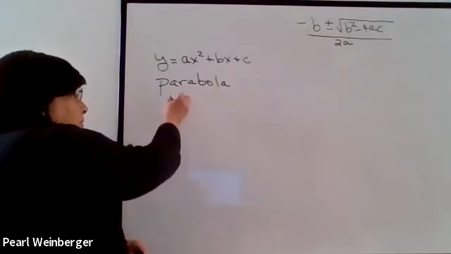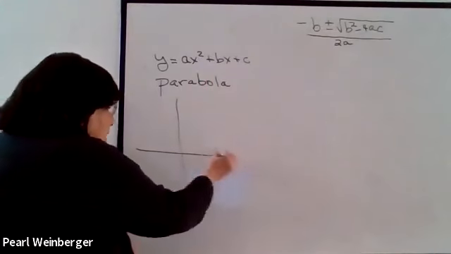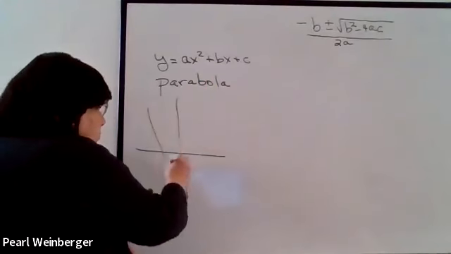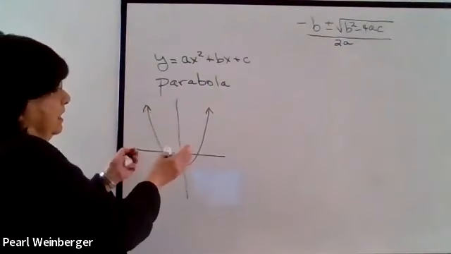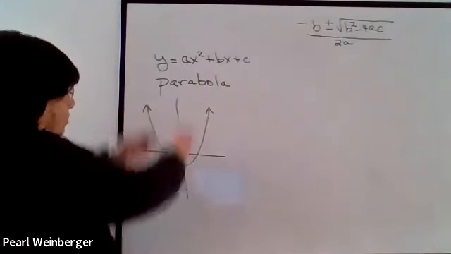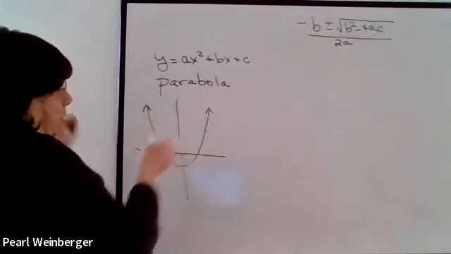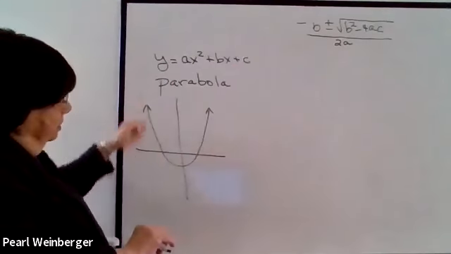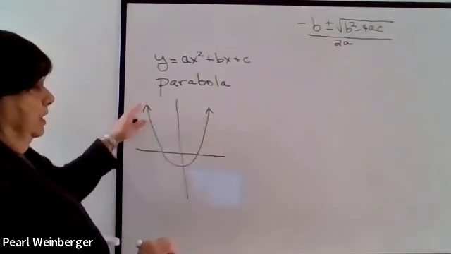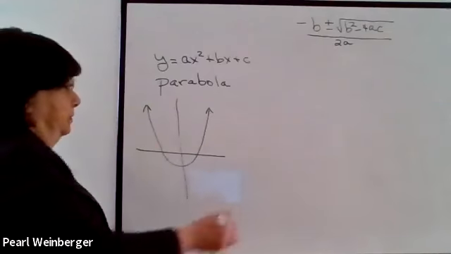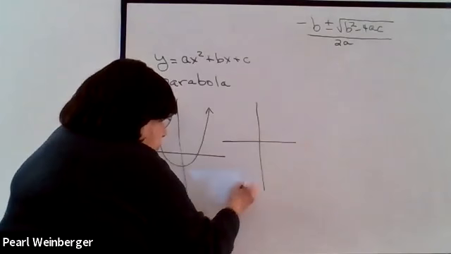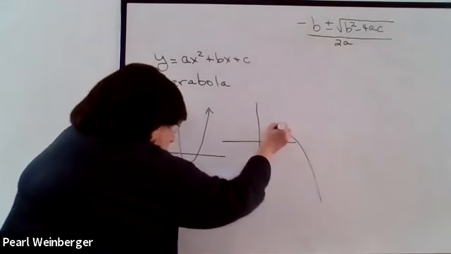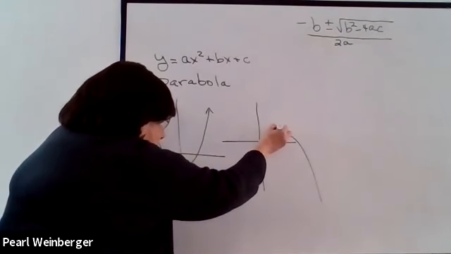And a parabola is basically a U-shaped graph. It's not really exactly U because the sides are not going straight up, they're sort of coming out at an angle. But the basic shape is U. Sometimes it's a U that opens up, and sometimes we have a U that opens down. In other words, an upside down U.